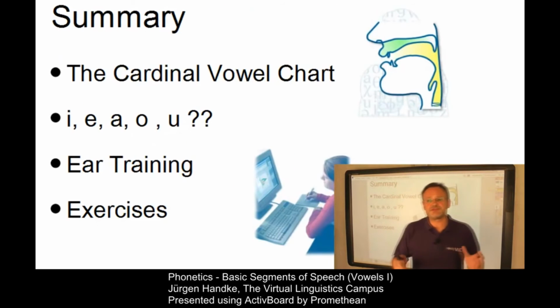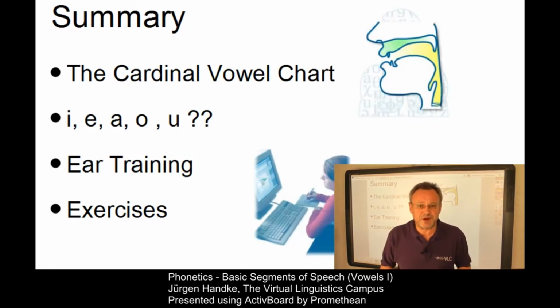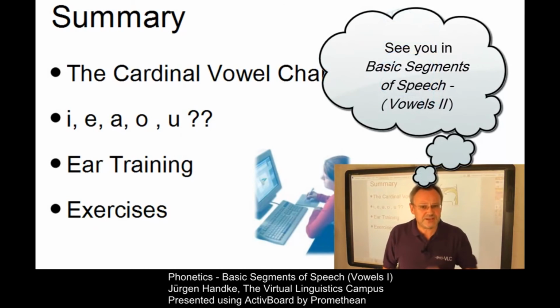As a result of this first e-lecture about the articulation and phonetic description of vowels, you should now have understood not only how vowels can be classified using articulatory criteria, but also how the cardinal vowel chart can be constructed. In our second e-lecture about vowels, you will find out how the vowel chart can be used as a reference system for the classification of different types and realizations of vowels.